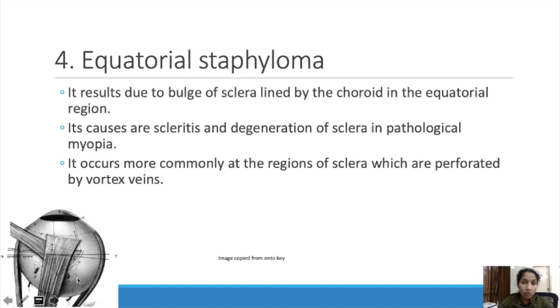Bulging in this area is known as equatorial staphyloma, mainly seen after scleritis and degeneration of sclera in pathological myopia.